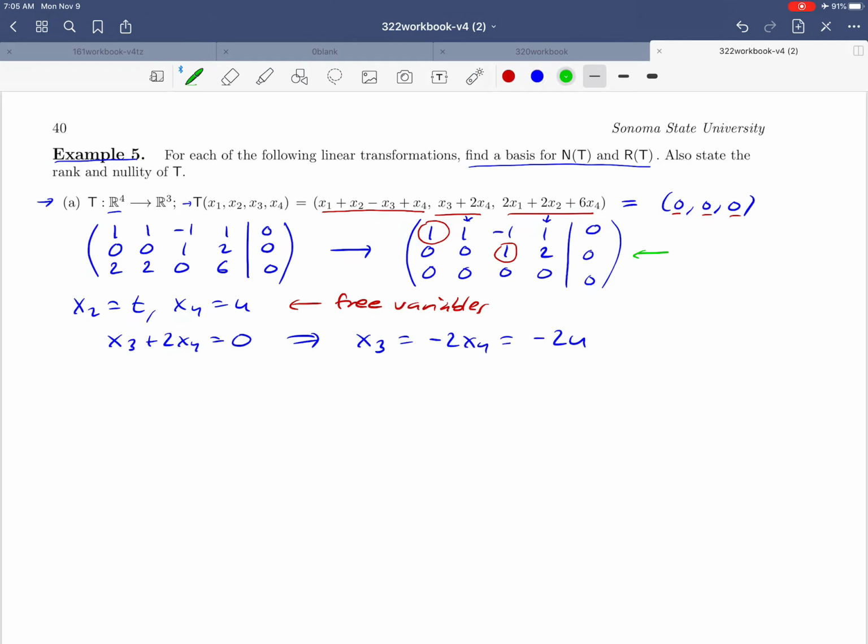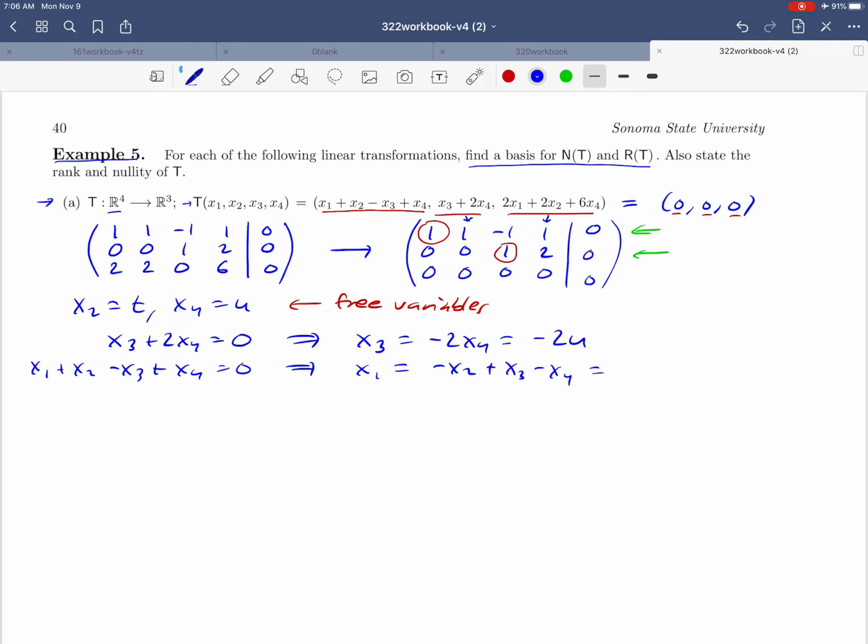All right, and then back up to the first equation. If we write that one out, it looks like x1 plus x2 minus x3 plus x4 equals 0. And we'll solve that for x1. Let's see, negative x2 plus x3 minus x4.